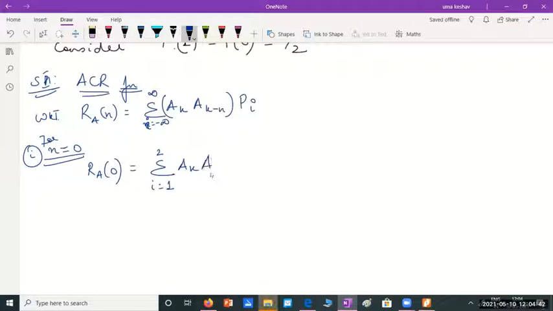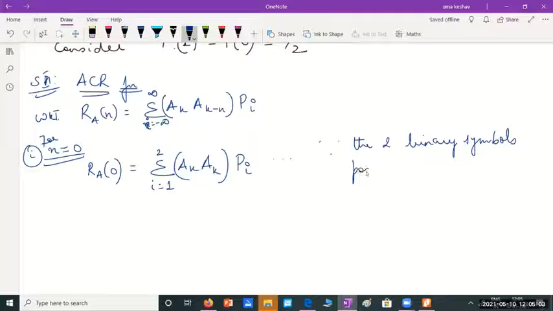The second symbol, if I put n as 0, I'll have ak into pi. And I can take on only 2 values, because the 2 binary symbols possible are 1 and 0. So only 2 possibilities.